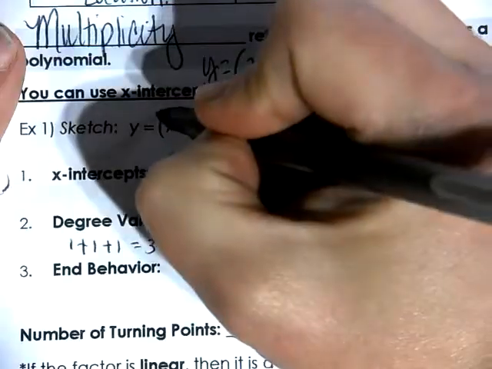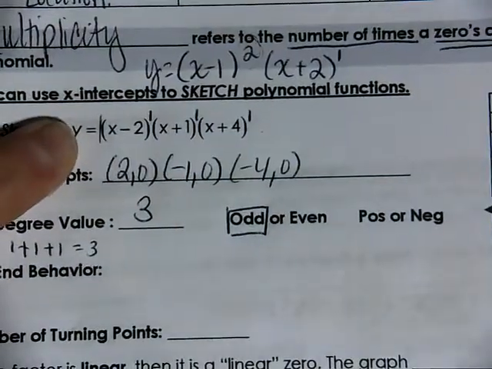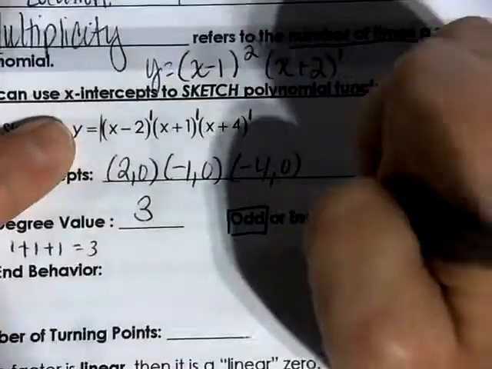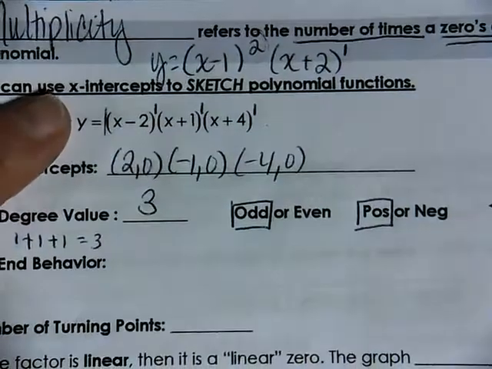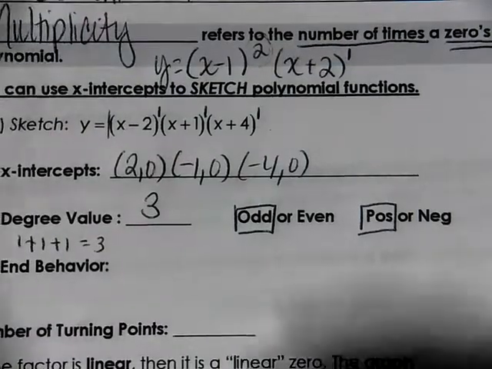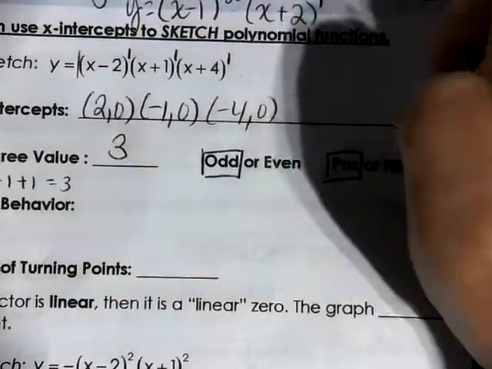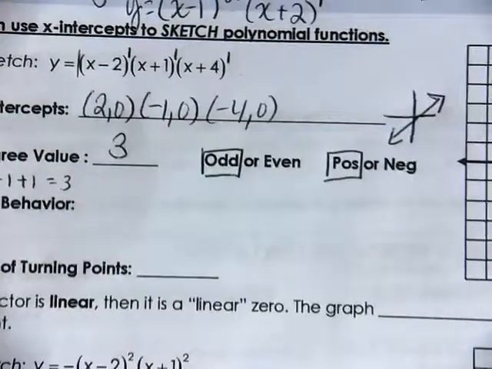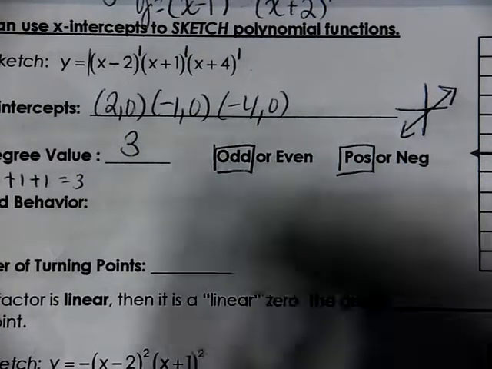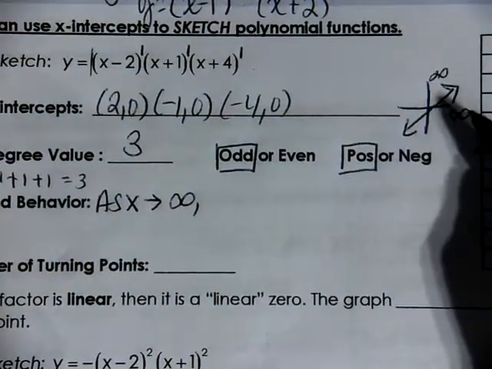Our leading coefficient is the number in front of the parentheses, which is the number 1. The number 1 is a positive number. So we are going to be graphing a positive odd function. Now remember that a positive odd function behaves just like a positive linear function. So if you draw a really quick sketch of a positive linear function, our end behavior is going to be: as x approaches positive infinity, our graph is pointing up.